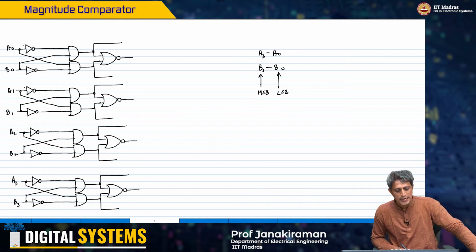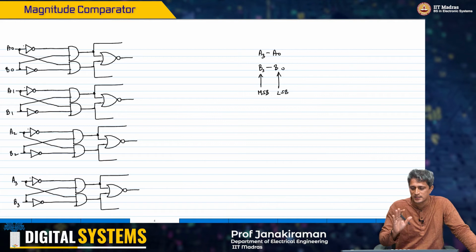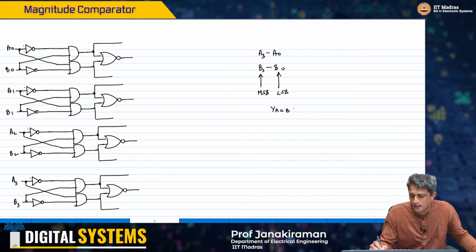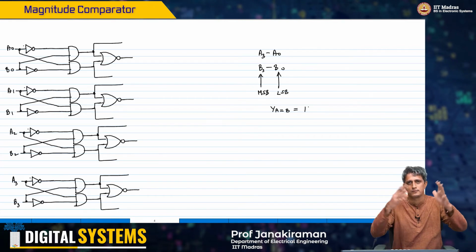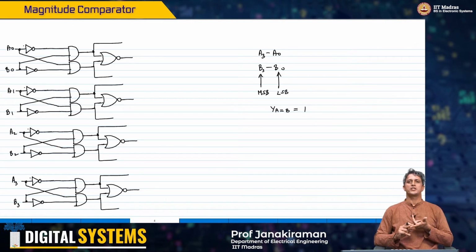Now first of all let us look at the simplest case. When can I say Y A equal to B equal to 1 in this 4-bit case? Every single bit has to be the same.